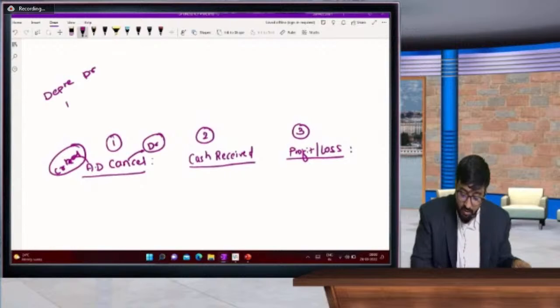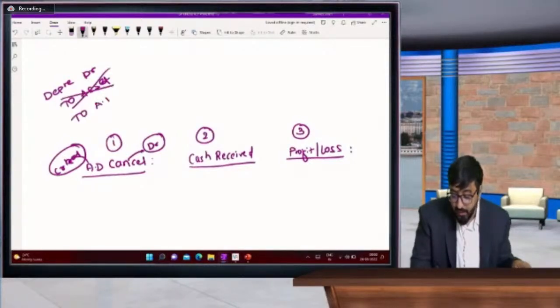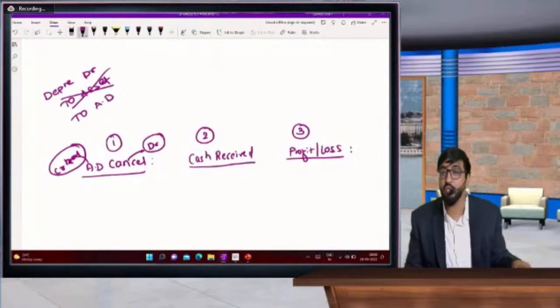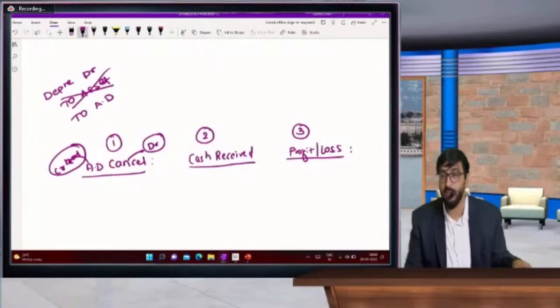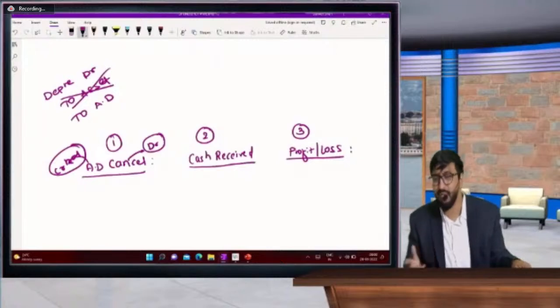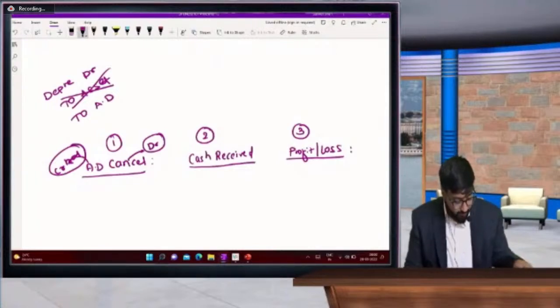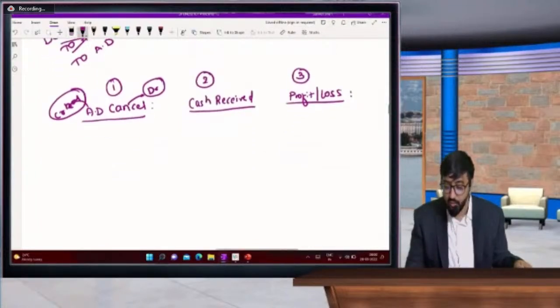Instead of asset, we are passing the entry to AD, so the asset is shown at original cost. This is a simple logic that you are already aware of in case of hire purchase, and even in single entry I covered all these points. So this is just a brush up of all your concepts. So first entry, we are cancelling that AD.